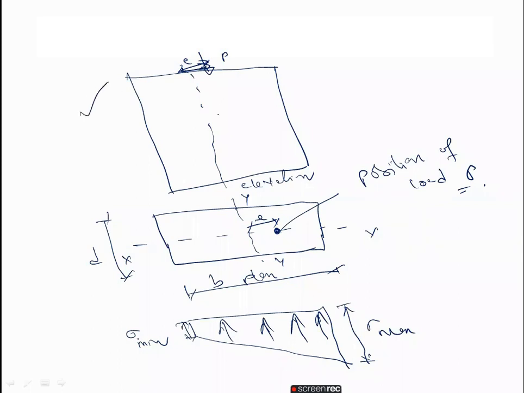This is the column with the eccentric load. Let the load be eccentric with respect to the y-axis. The eccentric load causes the direct stress as well as the bending stress. Now let us calculate these stresses, the direct stress as well as the bending stress.